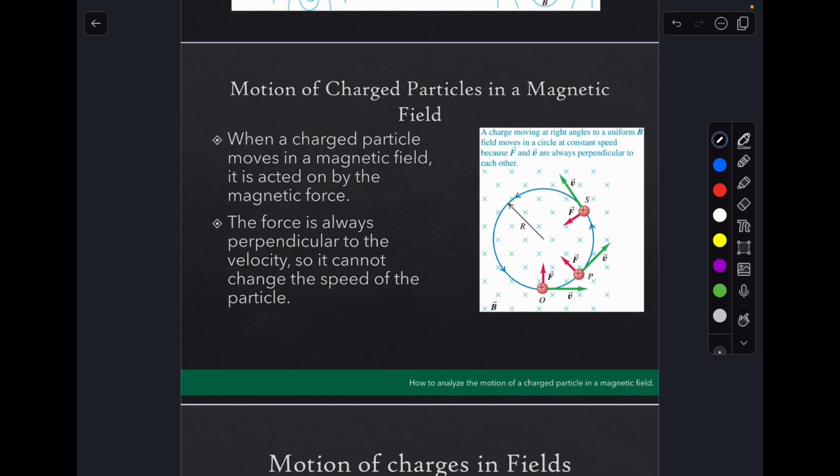What happens is, by the right-hand rule, if you do V cross B, B is into the page, V is to the right, you will always get a force pointing towards the center, a center-seeking force, okay? And that center-seeking force basically curves the path of this charged particle into a circle. And so what you have is uniform circular motion.